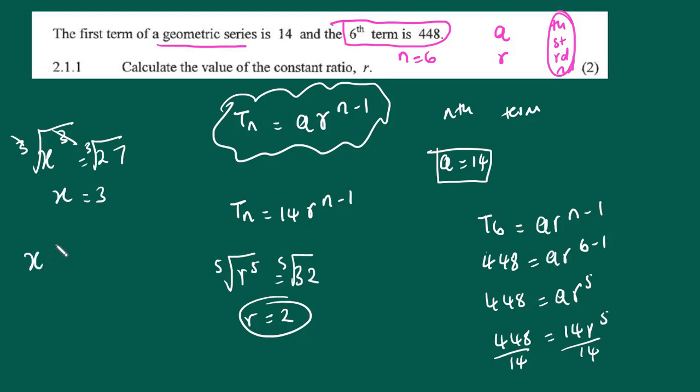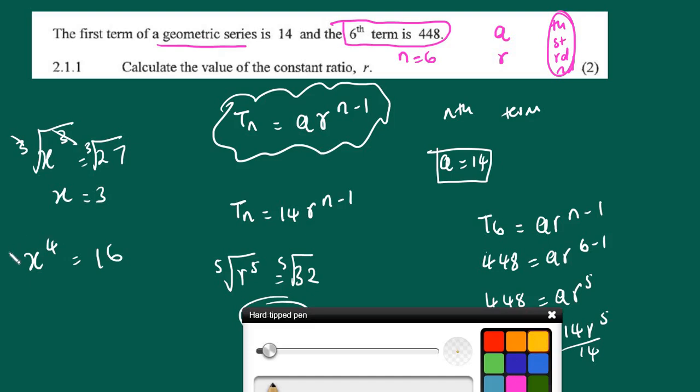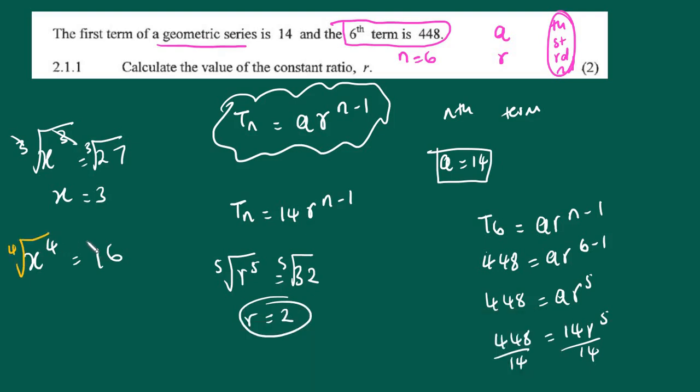If I say to you x to the power 4 equals 16, you have to put the fourth root both sides. But for even roots, fourth root, sixth root, eighth root, you put plus or minus. So your x there would be equal to plus or minus 2. Okay, I hope that that is clear.